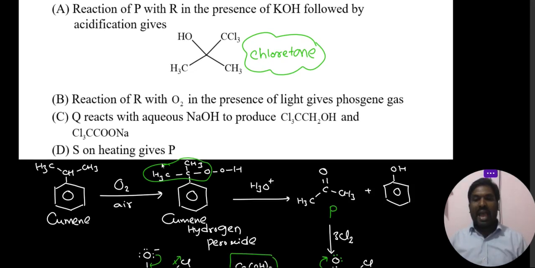Now moving to statement C. Q reacts with aqueous NaOH and produces CCl3CH2OH and CCl3COONa. Now what is Q here?